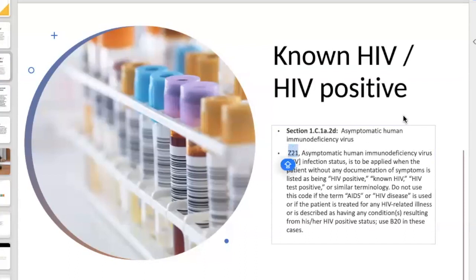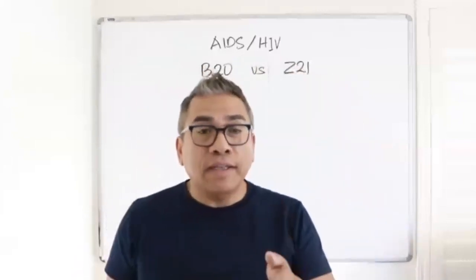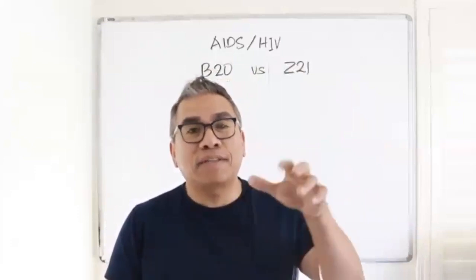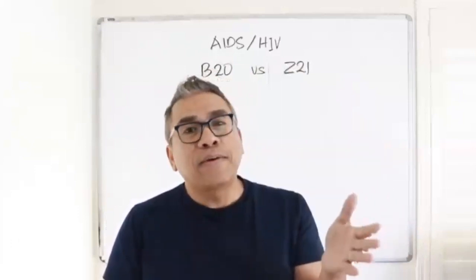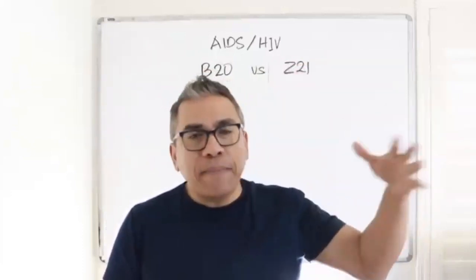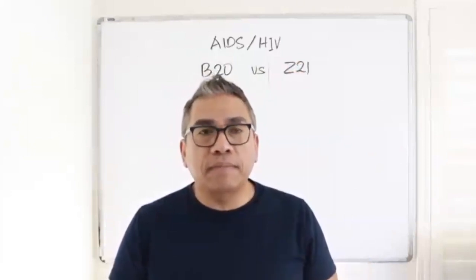The Z21. Okay. Can you guys think of anyone who is described here? I know a celebrity who came out from way back then and declared that he is HIV positive.